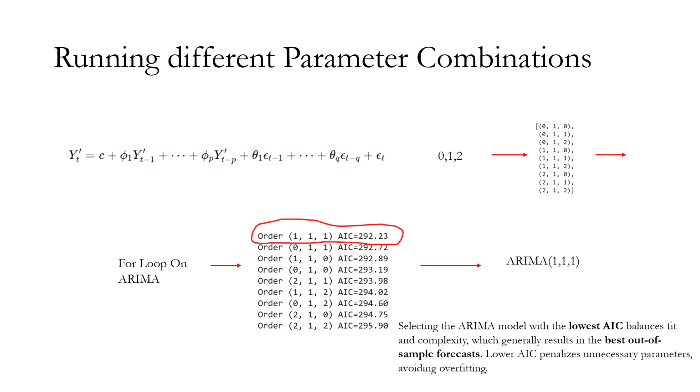Lower AIC penalizes unnecessary parameters, the K, and it avoids overfitting, okay? So as I was saying earlier, we want to minimize the K and optimize the likelihood, right? AIC penalizes model complexity. And the reason being because we don't want to overfit, meaning we don't want it to be so precise that it doesn't generalize well to other data sets.